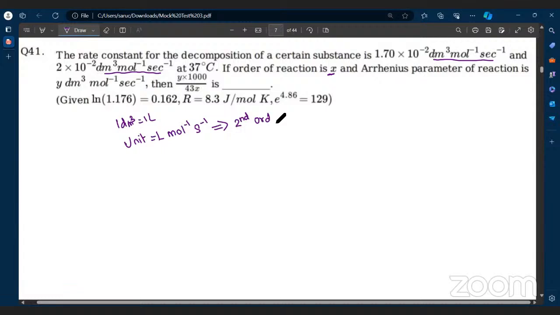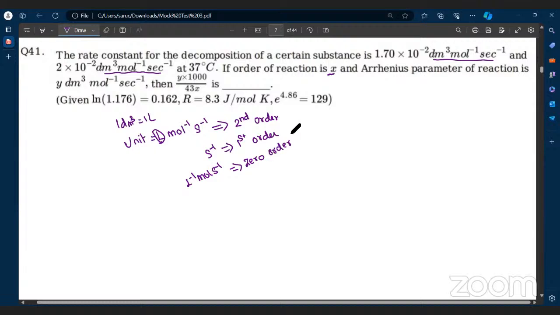What is the unit for first order reaction? Second inverse. Yes, for first order reaction it is second inverse. And for zero order reaction, it is mole liter inverse second inverse.